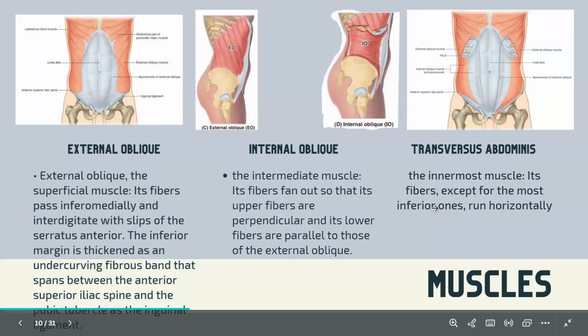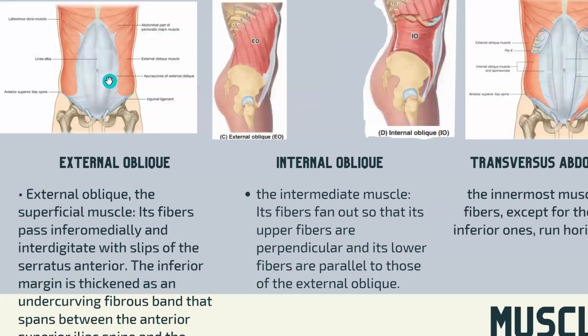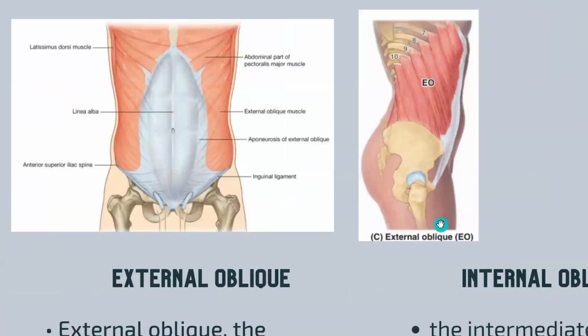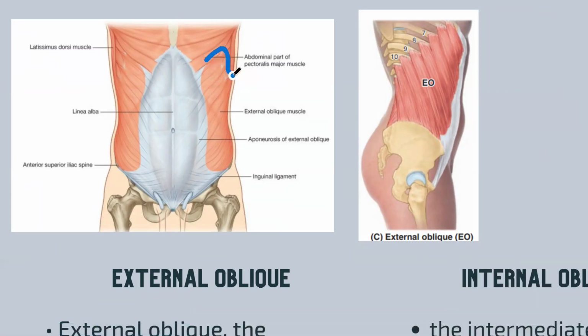Now, how about the muscles? We said before the external oblique, and this is the external oblique muscle. You know that this muscle originates here from the part of the thorax, with the latissimus dorsi posteriorly and the abdominal part of pectoralis major, if you remember it.